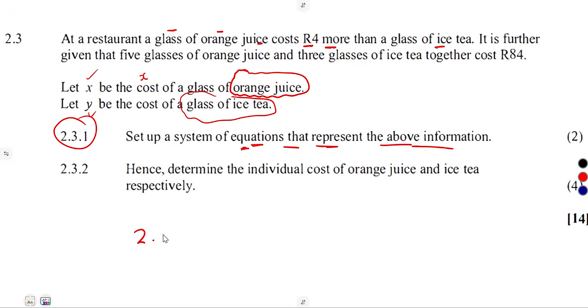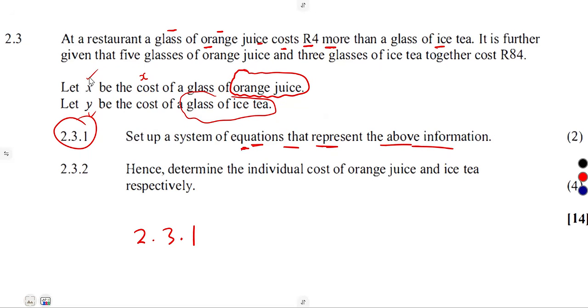All right, so let's look into the first equation. They said, in terms of the cost, a glass of orange juice costs 4 rand more than, 4 more than.